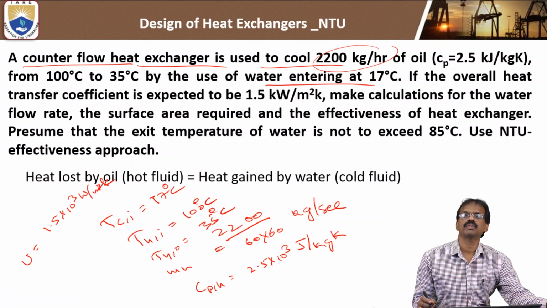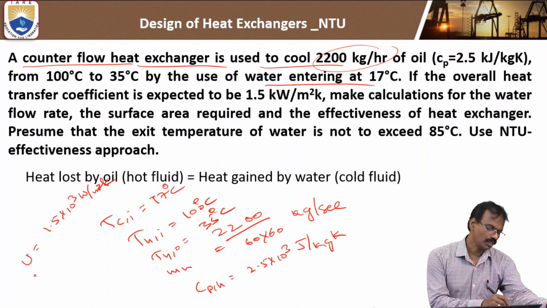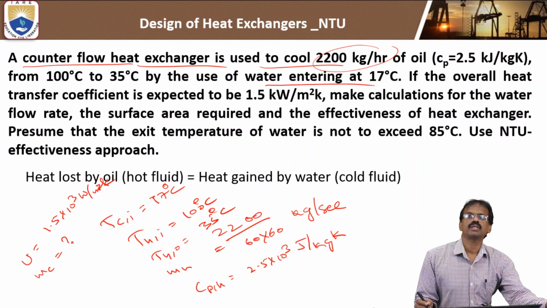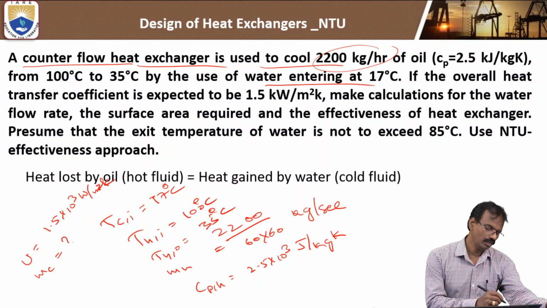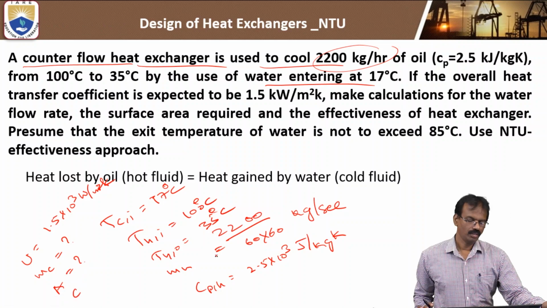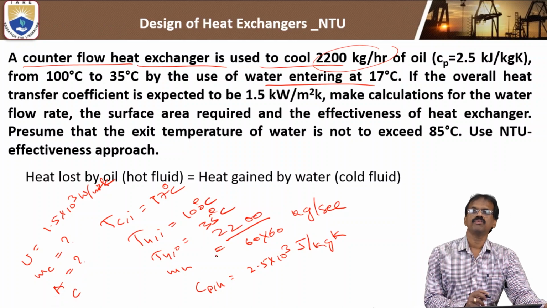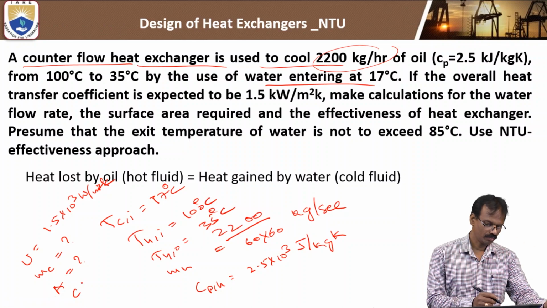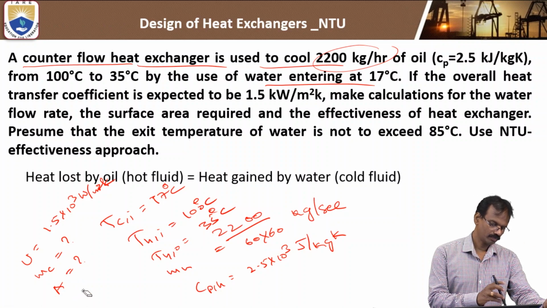Make calculations for the water flow rate. Water flow rate means mass flow rate, MC, we have to find out. Next, the surface area required, the area of the counterflow exchanger, we have to find out. Next, the effectiveness of the heat exchanger, epsilon, you also have to find.